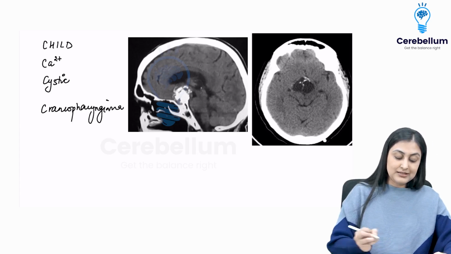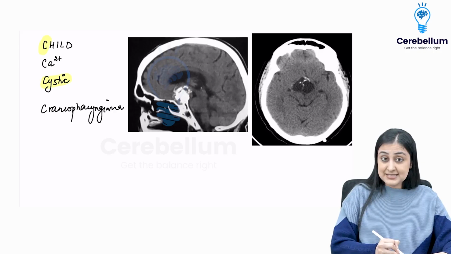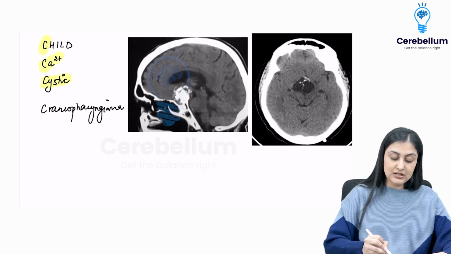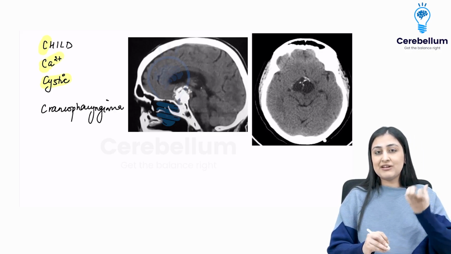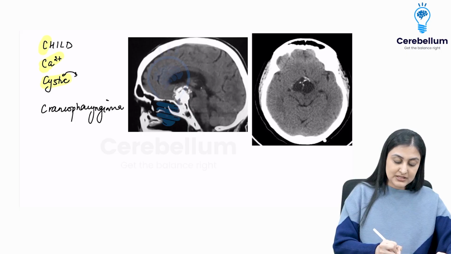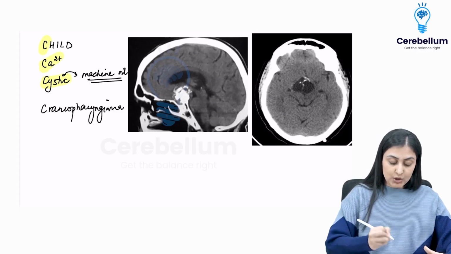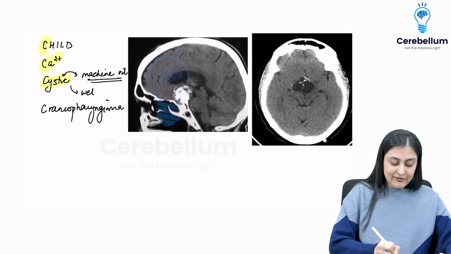So remember that a craniopharyngioma is a pediatric tumor which is cystic with calcification, and it actually has this very thick machine oil kind of fluid. All right, so it is cystic, but it has this thick machine oil kind of fluid that the pathologist will also teach you, and along with this you have wet keratin which is present pathologically.